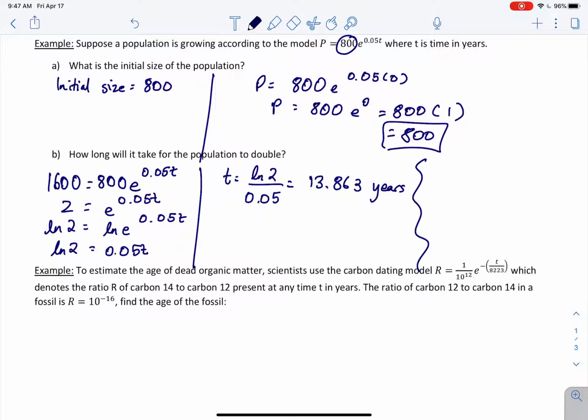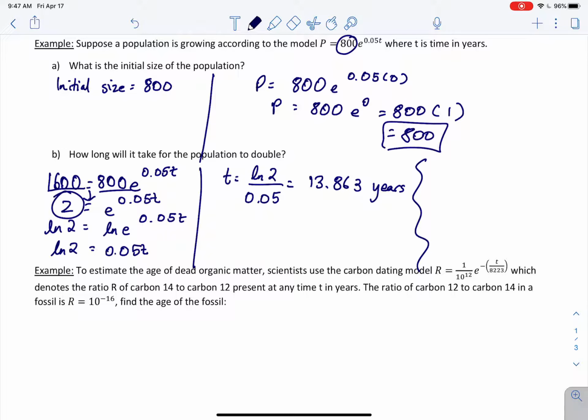And so whether the initial size was 400 and I wanted to see how much it will double, like if I started off with 400 people and I wanted to know how long it will take for the 400 to double, or if I started with 2 people and I wanted to know how long it will take for 2 to double, with that b value, the doubling time is going to be the same regardless of what the initial value was. You can see that because once I started solving this, I plugged in 1600 equals 800 here, but immediately when I divide, I just get 2.